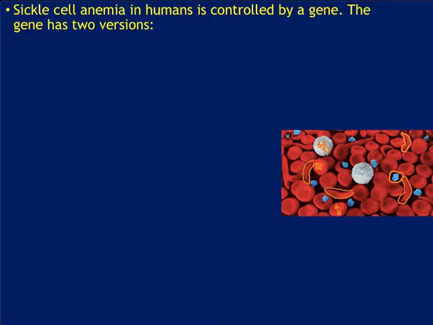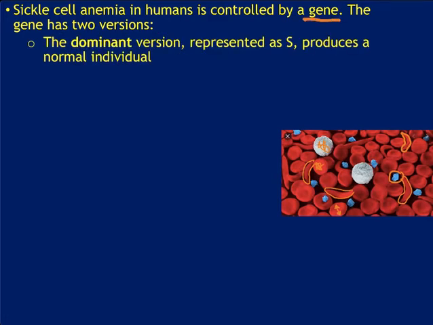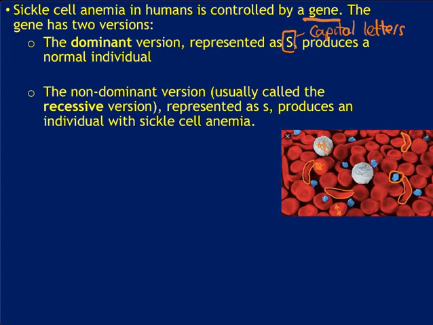So using sickle cell anemia as an example, it's controlled by a gene, and the gene has two versions. So in genetics, we call one version the dominant version, and usually dominant genes produce normal individuals, so they don't have sickle cell anemia, but they use capital letters. So this is a capital letter. If you're a geneticist, they will use capital letters to dictate that this is a dominant gene. And then there's a non-dominant version, and we use this word, it's called recessive.